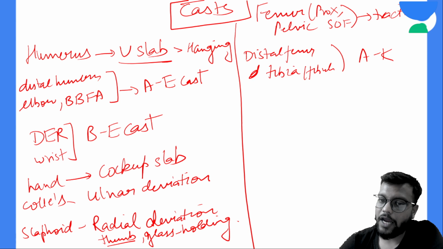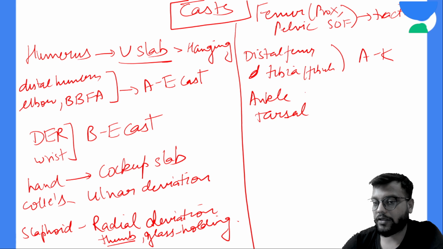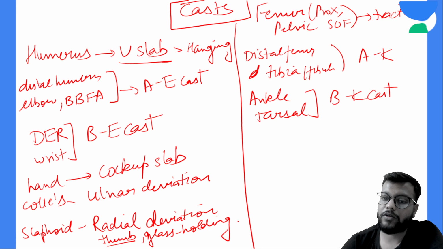And for the ankle injuries like Pott's ankle, Cotton's ankle, ankle injury or the tarsal injury or the base of the metatarsal, you go for the below knee cast. And for the toes you go for the chappal slab or the chappal cast.